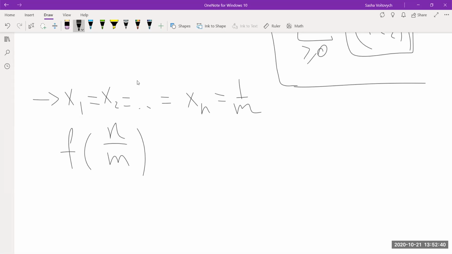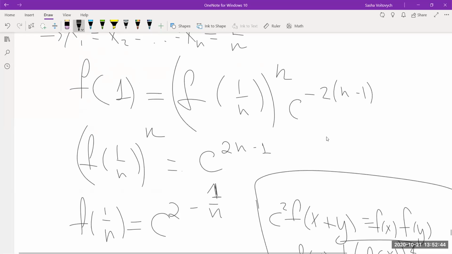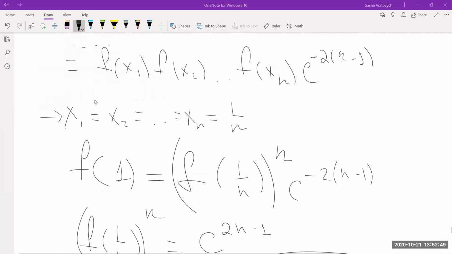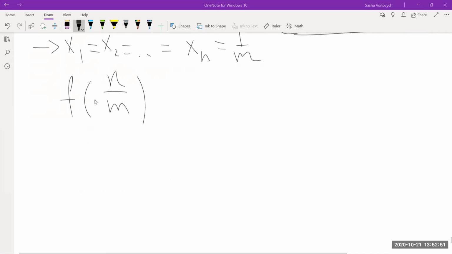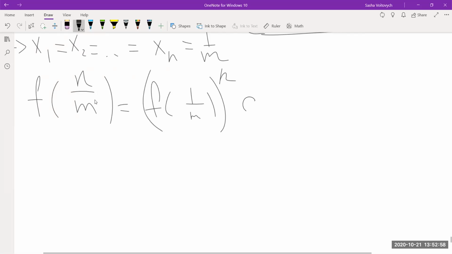This is equal to f of 1 over m to the power of n, times c to the power minus 2 times (n minus 1).